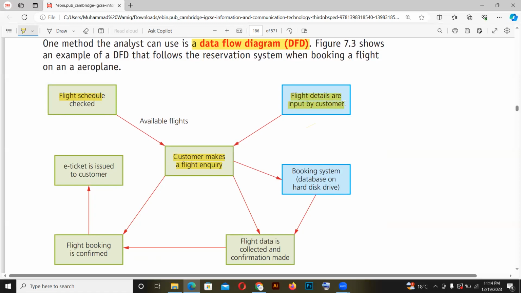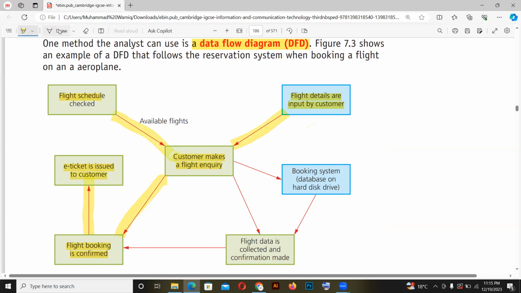Input means that your flight details are added by your customer, and that is also done just after your customer has made a flight inquiry. Now, just after that, your booking is confirmed. And just as your booking is confirmed, you can see that an e-ticket is issued to the customer.